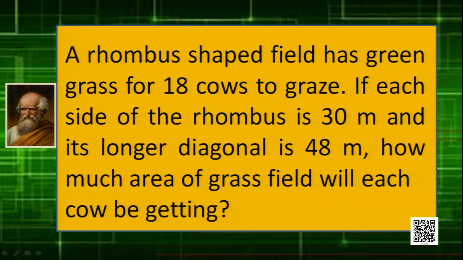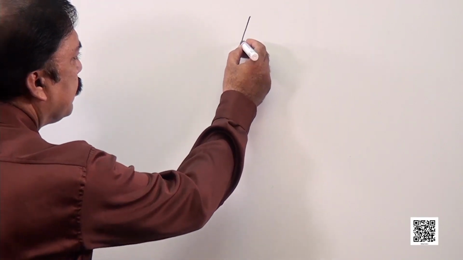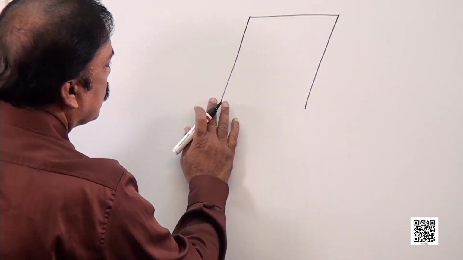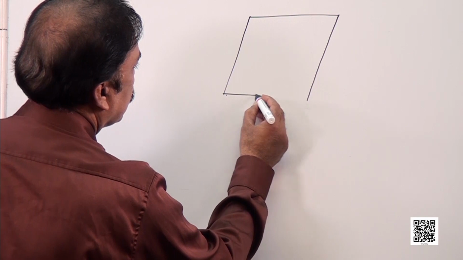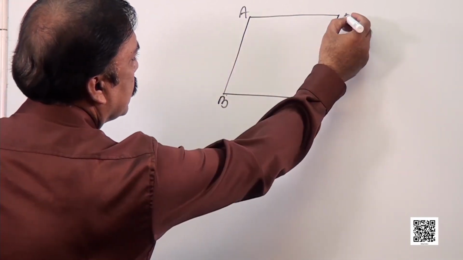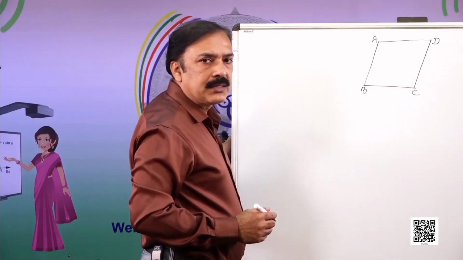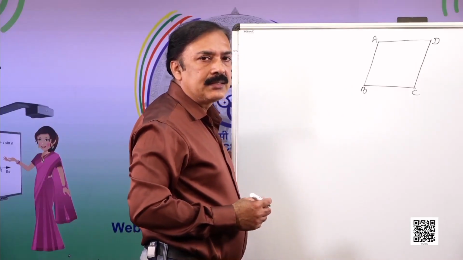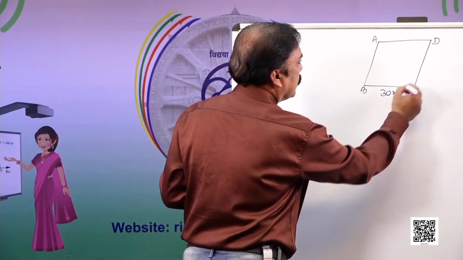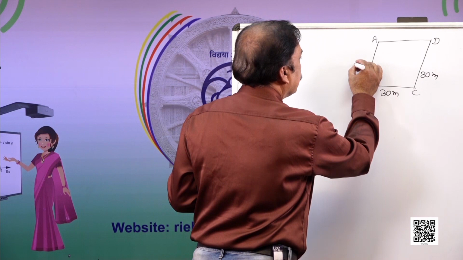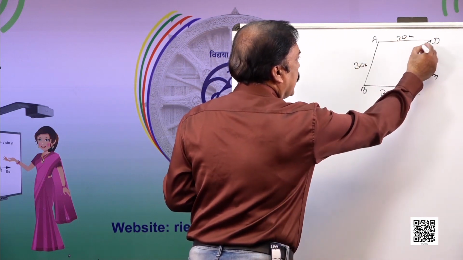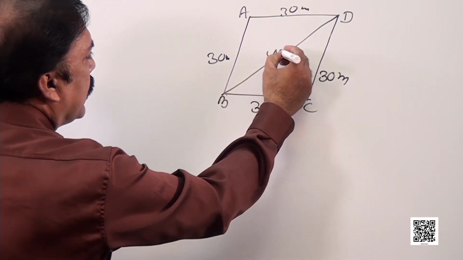Let's draw the rhombus, say ABCD. Each equal side is 30 meter, and the longer diagonal BD is 48 meter.